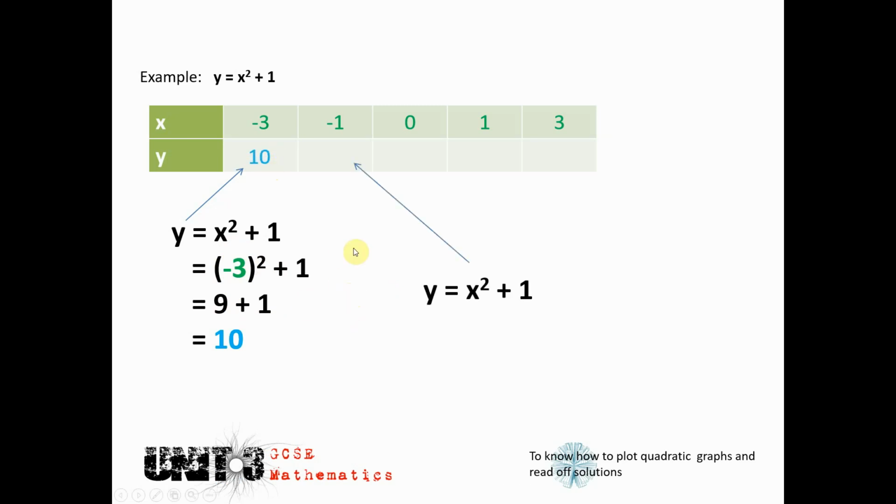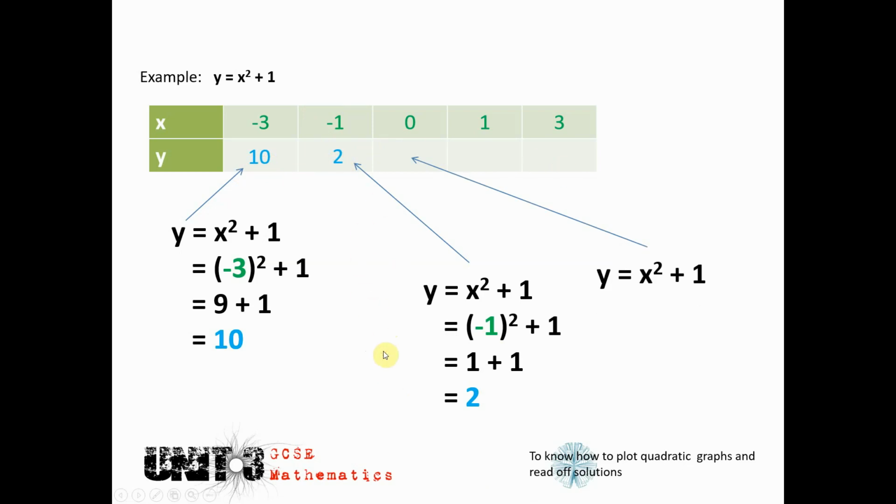And we just want to rinse and repeat, but change the value of x each time. So we're going to do minus 1 squared. That should be 1, so 1 plus 1 is 2, and we're going to pop a 2 in there. They're not really going to follow a pattern like we do with our straight lines. They're not going to go up by the same amount every time or down by the same amount every time, because it doesn't look like that when we plot it. They go up and down a bit.